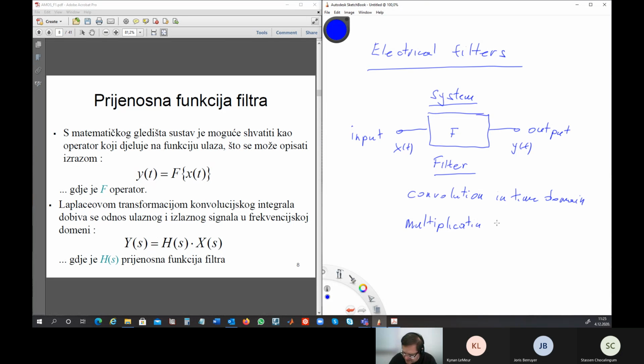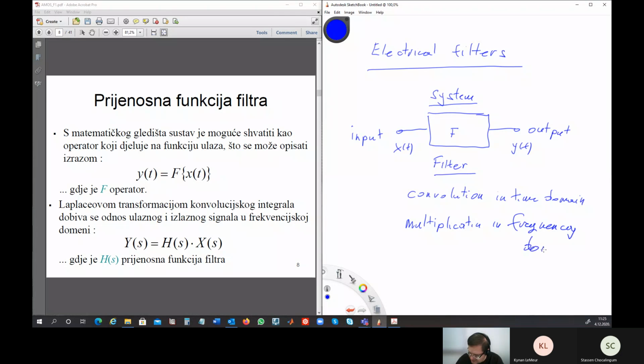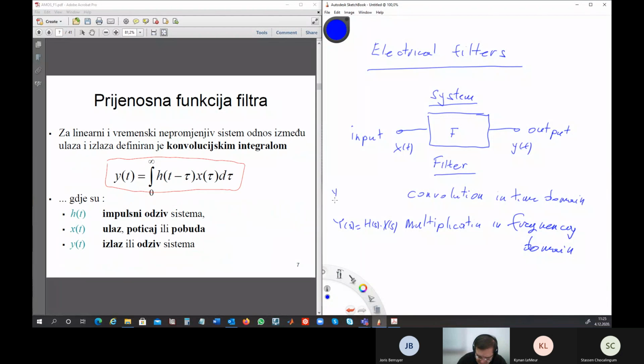Multiplication in the frequency domain. So this is, and here we can write.